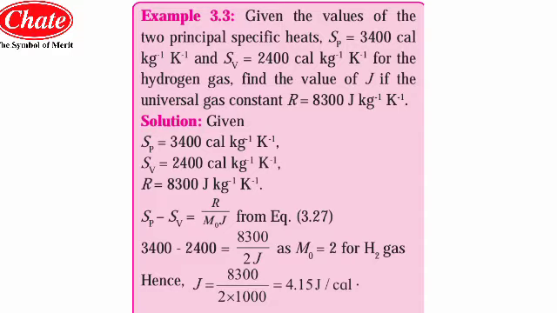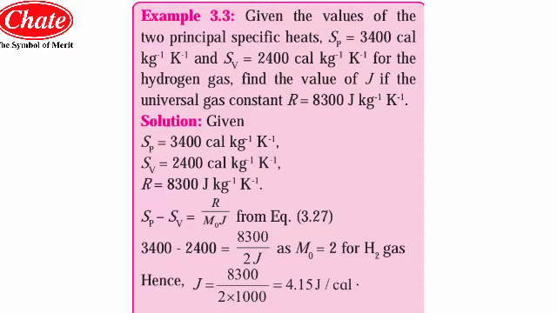To understand this problem, we just need to know which terms they have given. The first term they have given is SP, that is 3400 calorie kg raised to minus 1 Kelvin raised to minus 1. SP means the specific heat at constant pressure, you can say the molar specific heat of the gas at constant pressure.